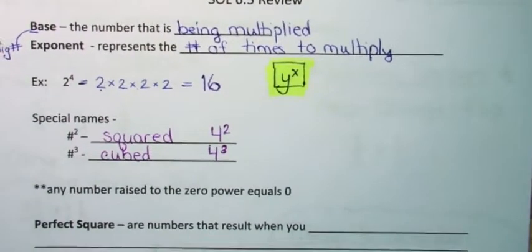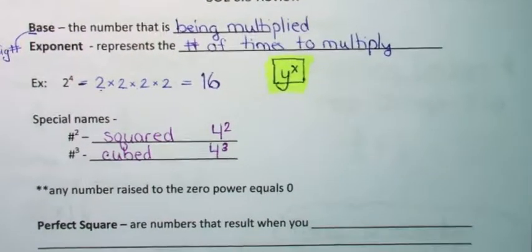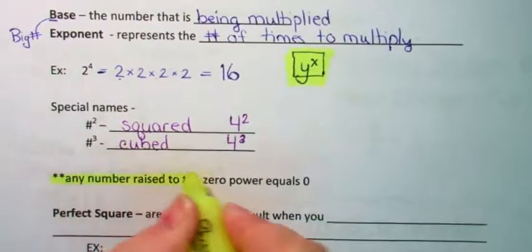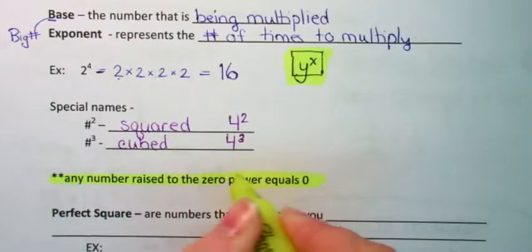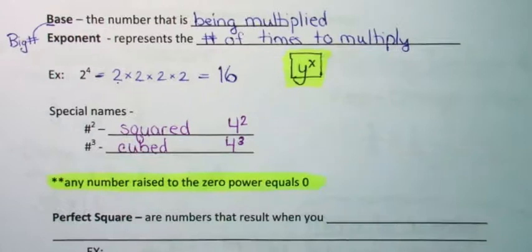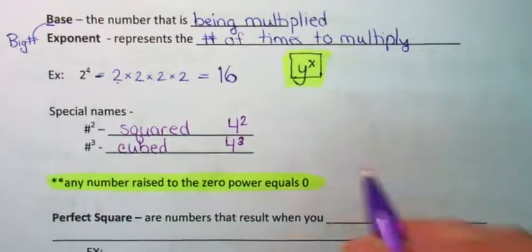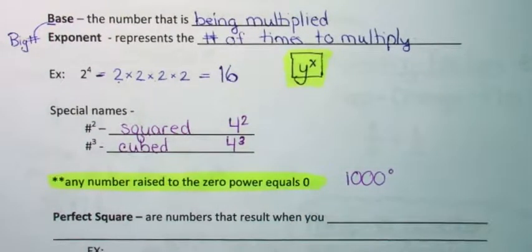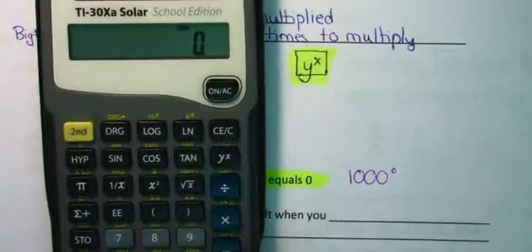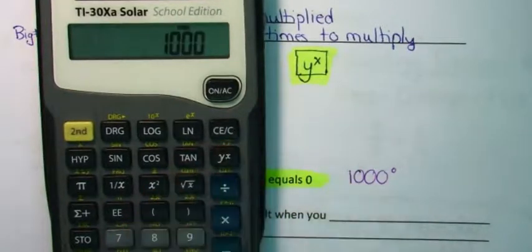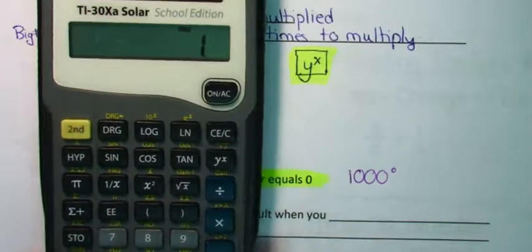Now the next thing we need to remember, and I promise there's always a 6th grader that messes this up, is remembering that any number raised to the 0 power equals 1. Doesn't matter what number it is, it equals 1. For example, if we had 1,000 raised to the 0 power, we would type that in the calculator. We would hit our YX button, and if you hit 0, it's going to equal 1.